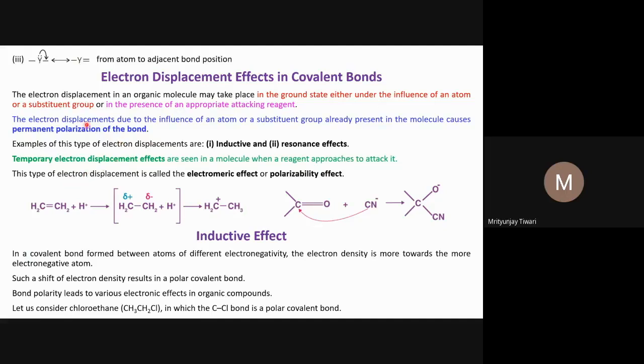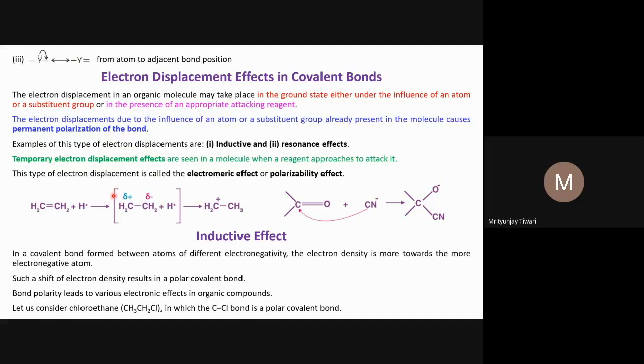Now, these are the permanent effects. There are also certain temporary effects, and because of this temporary effect, we also see the electron displacement. The temporary electron displacement effects are seen in a molecule when a reagent approaches to attack it. And when a reagent approaches to attack a chemical species, we see a temporary shifting of the electron pair in a certain direction.